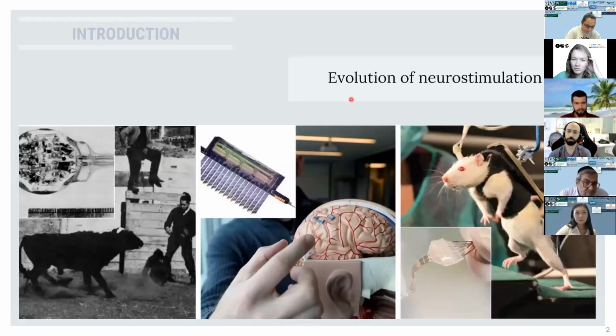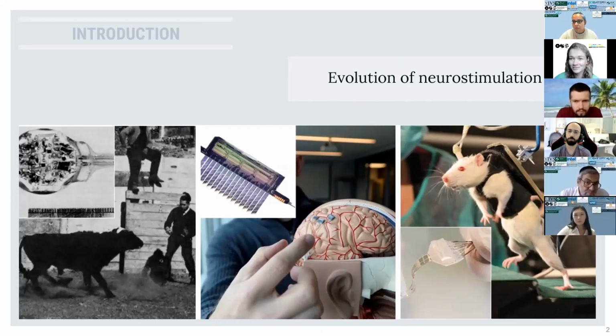First, I would like to start with the introduction of the evolution of neurostimulation and neural recording. It dates back more than 70 years ago, when Delgado, you can see in the picture on the left, did his experiments with bulls. He implanted big giant electrodes in the bull's brain and let them run.